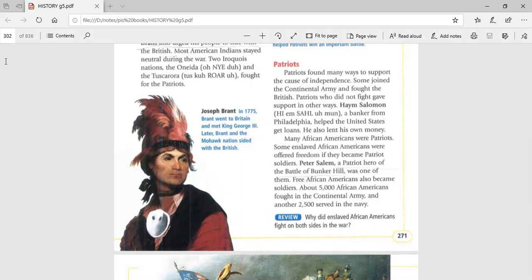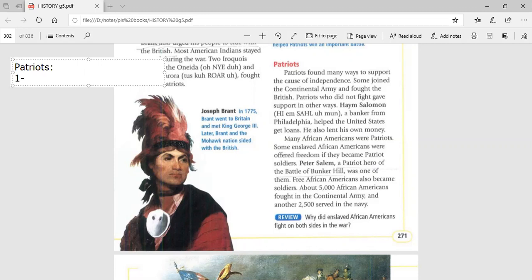Also, some free African Americans joined the army or joined the group of the Patriots, okay?